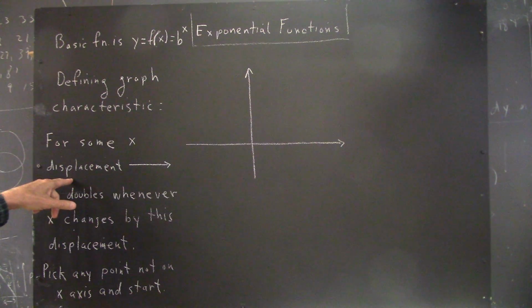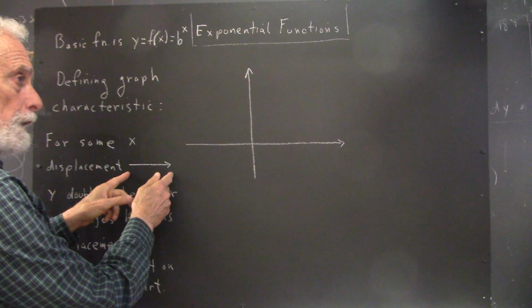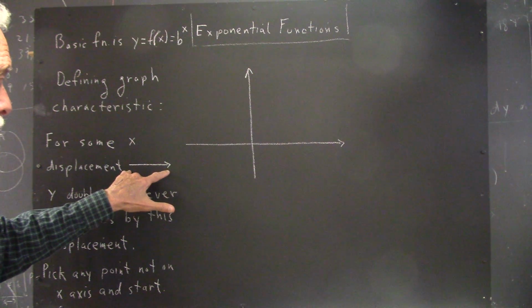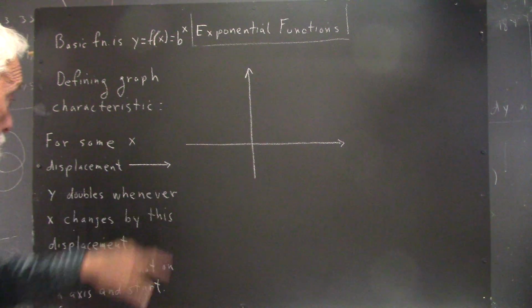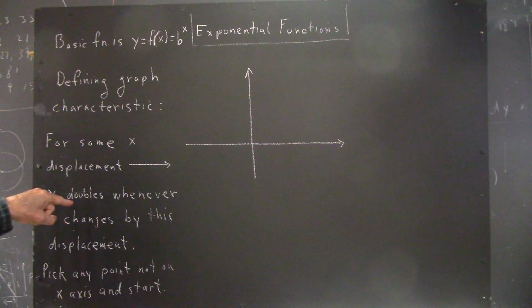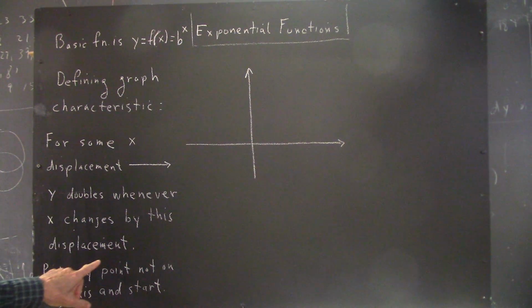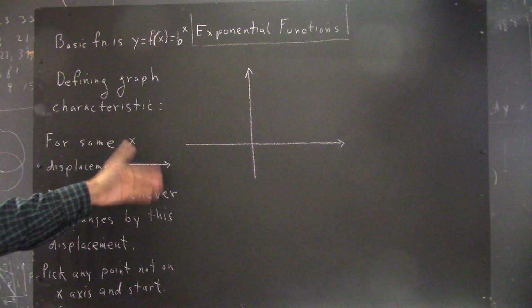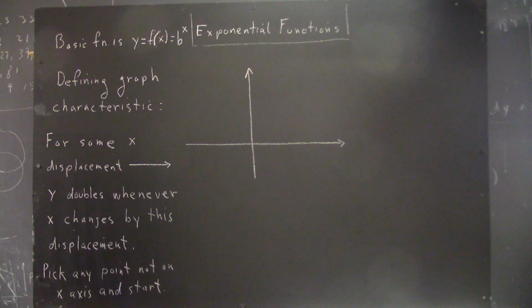I could represent it algebraically too, but right now we want to stay geometric. So I'm just going to represent the displacement by this arrow. Y doubles whenever x changes by this displacement. So that means if I move this far in the x direction, my y value is going to double.